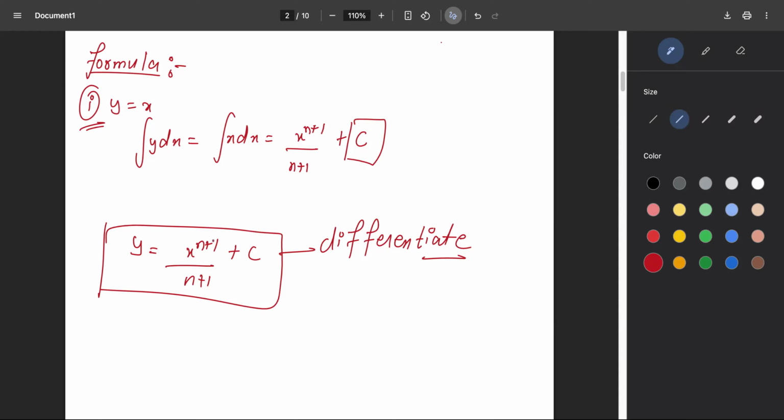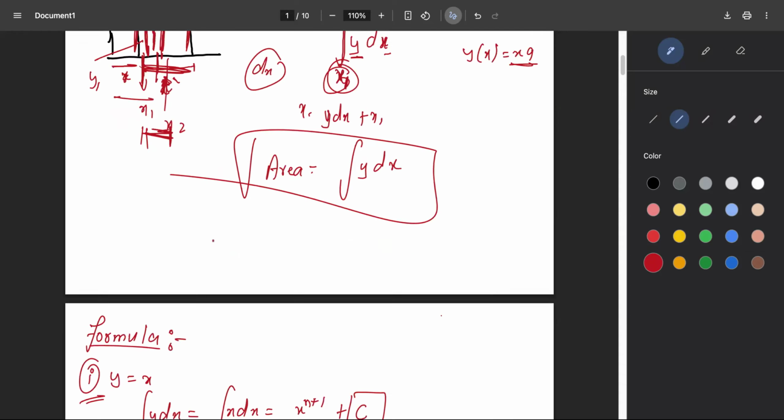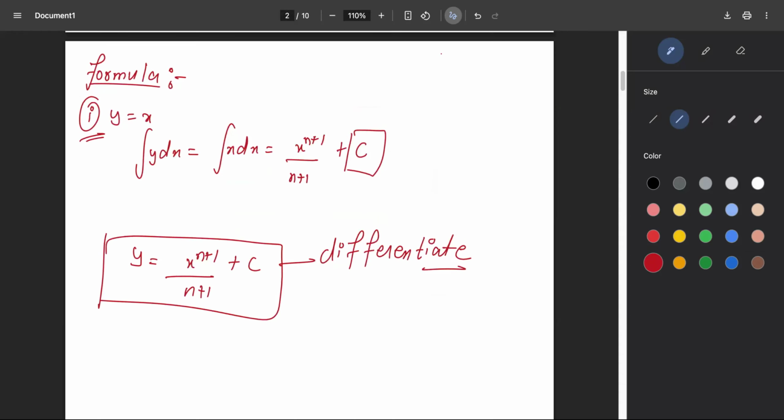Have you got the answer after differentiating it? Bhavna, you are not able to do the differentiation of this part. n and c are constants, only x is a variable.